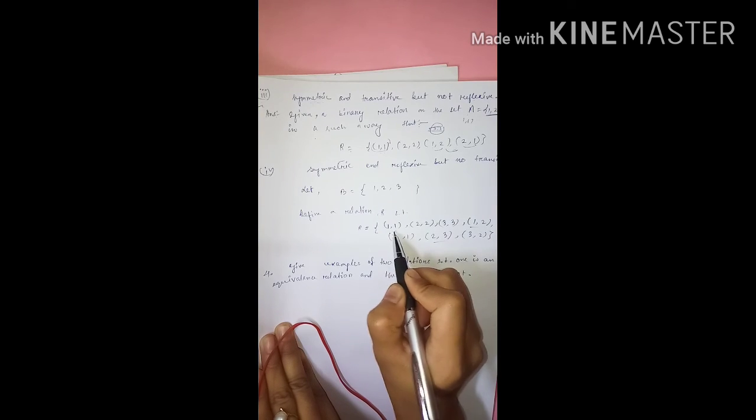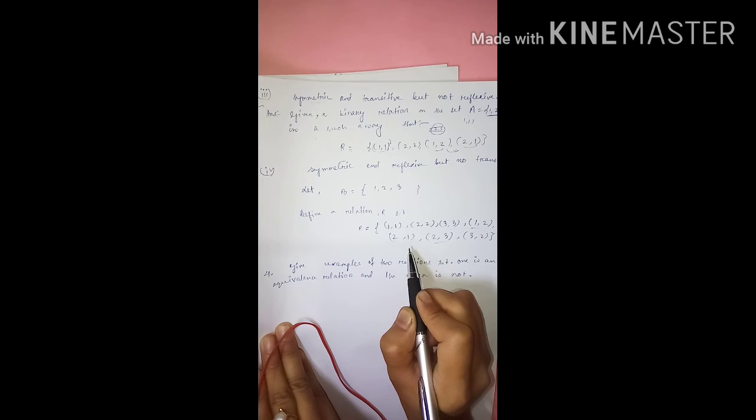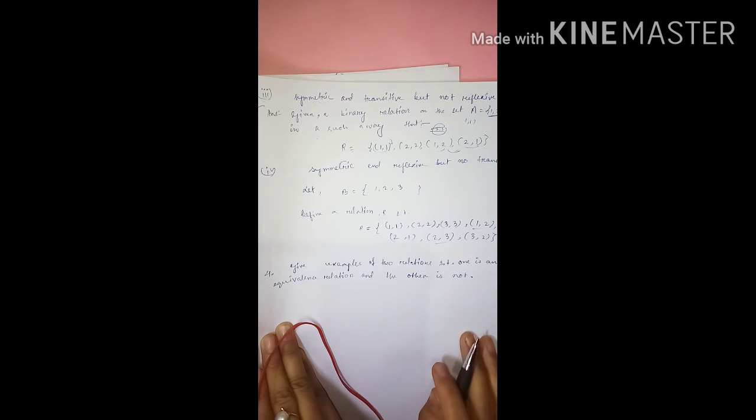Now define a relation R. We are defining a relation R on this set B such that R contains the elements (1, 1), (2, 2), (3, 3), (1, 2), (2, 1), (2, 3) and (3, 2).